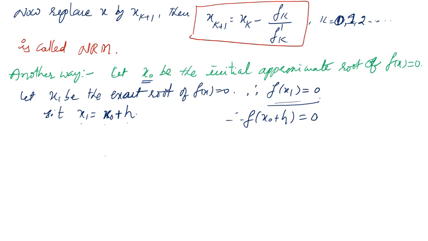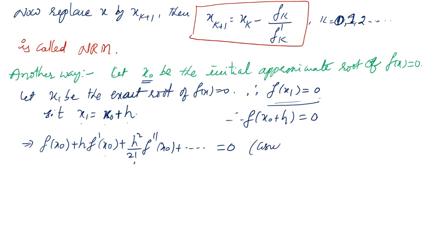Now f of x0 plus h equal to 0, what is the Taylor series expansion? f of x0 plus h into f dash x0 plus h square by 2 factorial f double dash x0 and so on equals to 0, using Taylor series of f of x0 plus h.